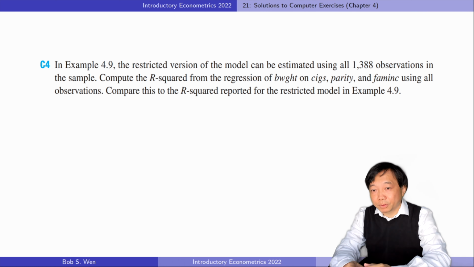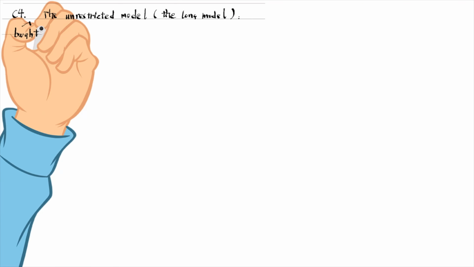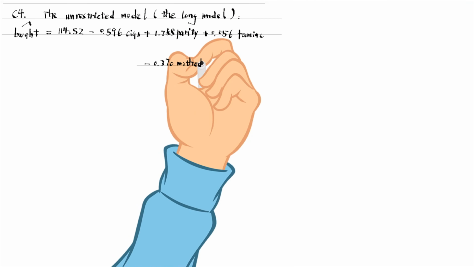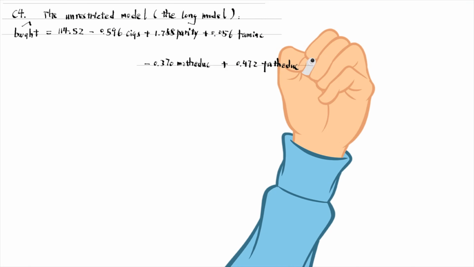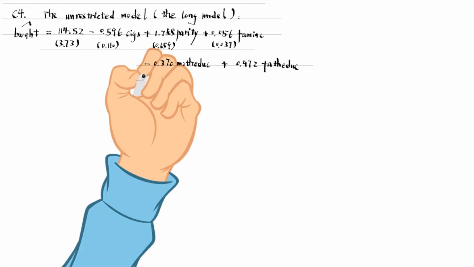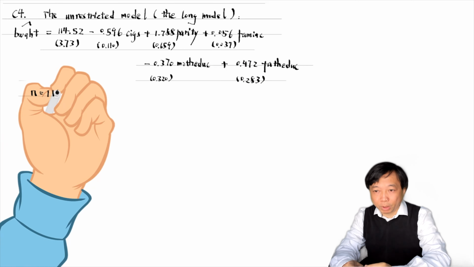Let's do exercise number 4. The unrestricted model is the long model with the two parents' education variables. There were 1,191 observations.